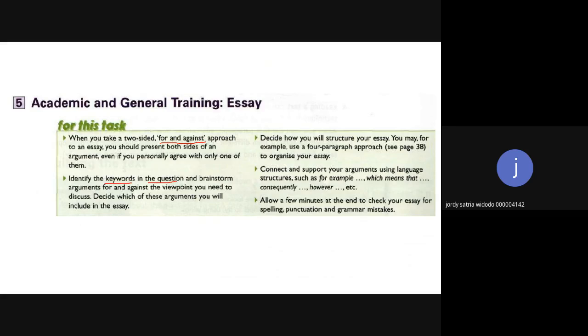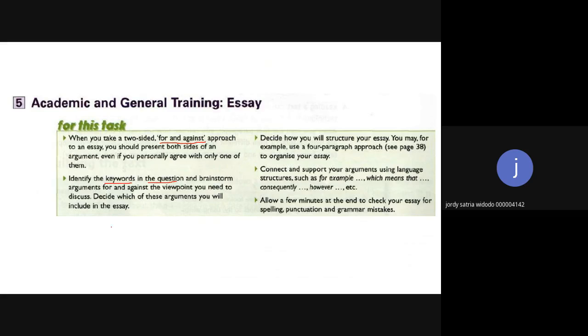What you need to do is to choose only one question which you really favor. And then afterwards, you need to find the keyword in that question. After finding the keyword, you can brainstorm the arguments that you can use in the second and the third paragraphs, and then you can also start developing your opinion in order to conclude the for and against approach in your essay.